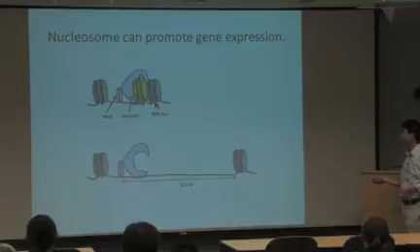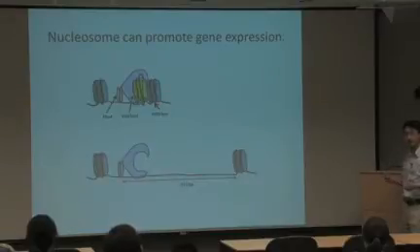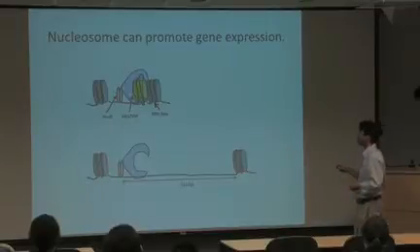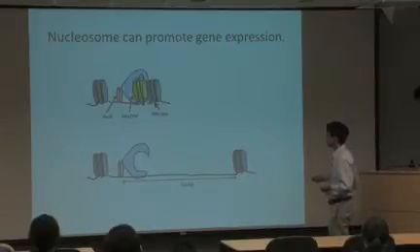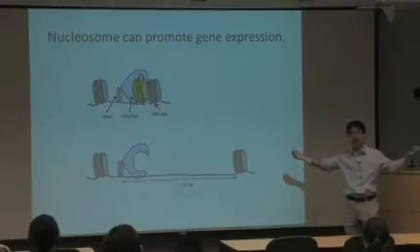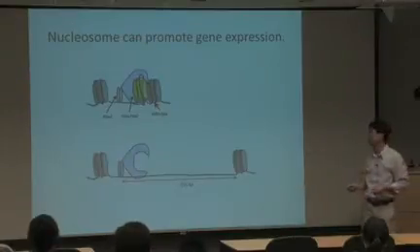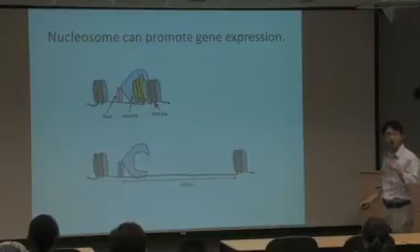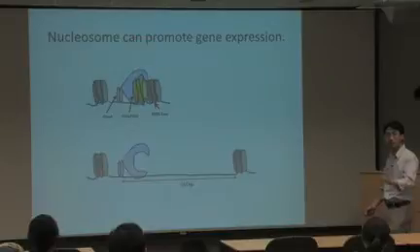Okay? So that's why we think this template, which doesn't have a nucleosome, is not going to give rise to very efficient gene expression. Whereas if you have a nucleosome that is formed in this region, then you efficiently bring these two distant points close to each other. So nucleosome, although it's a barrier to be removed, it also functions as a wheel on which the chromatin remodeling complex can sit and perform its function.